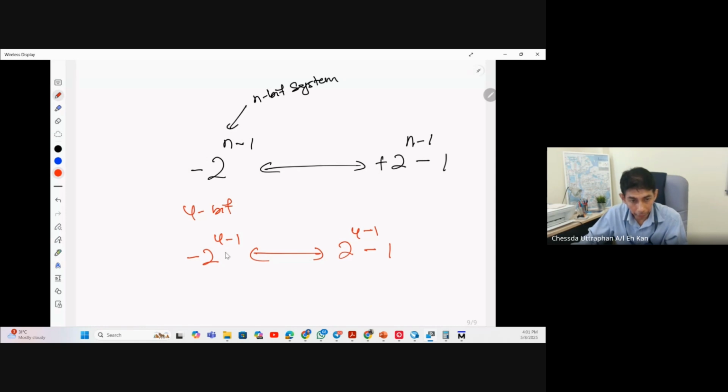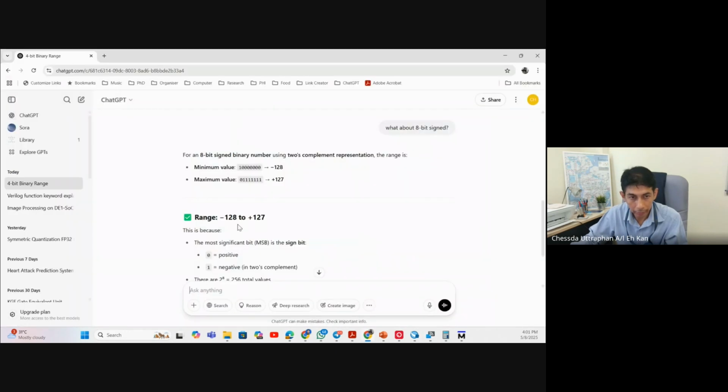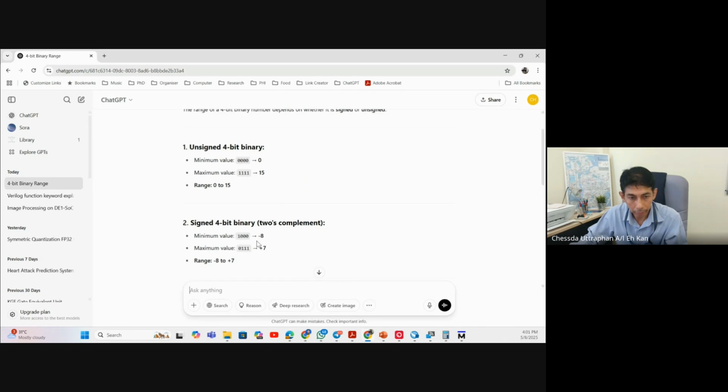So 4 minus 1 will be 3, 2 power of 3 will be minus 8 here. Till 2 power of 3 is 8, minus 1, you have 7. Right? So minus 8 to 7. Exactly this.